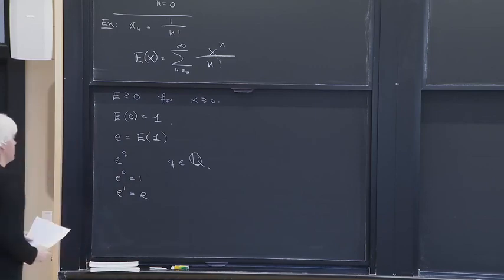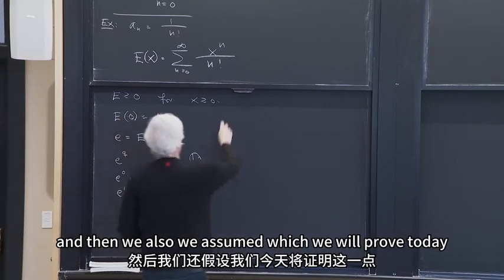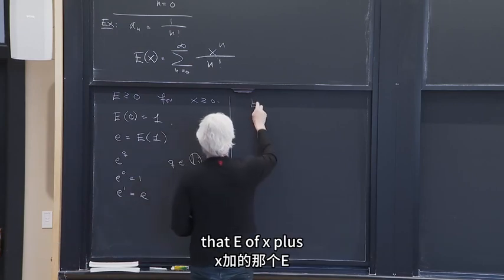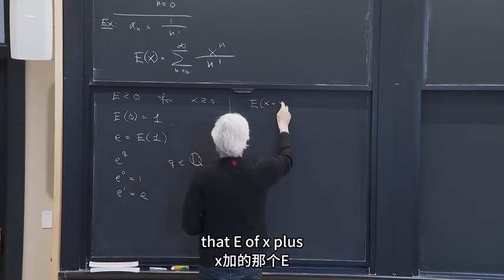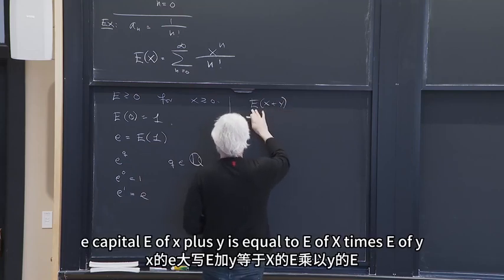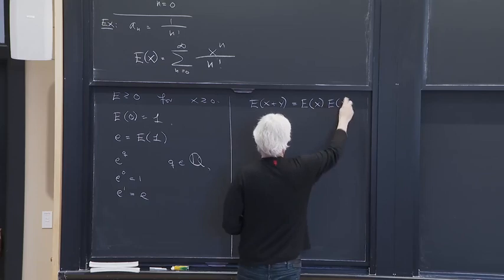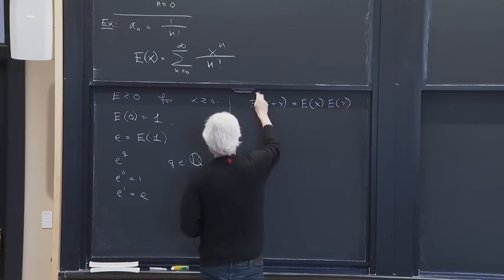And then we assumed, which we will prove today, that capital E of x plus y is equal to E of x times E of y. So we assume that.